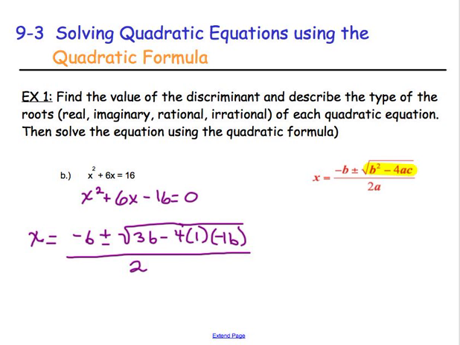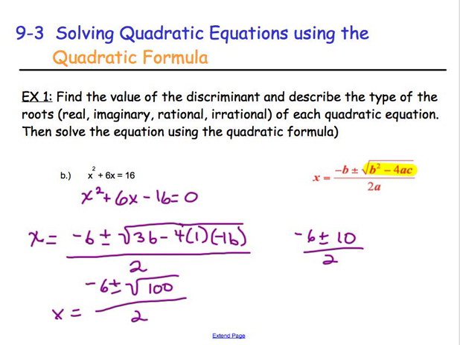And 64 would be negative, so it would be minus a -64. So 36 plus 64 is going to be 100. So -6 plus or minus the square root of 100 over 2. So that means we have -6 plus or minus 10 over 2.